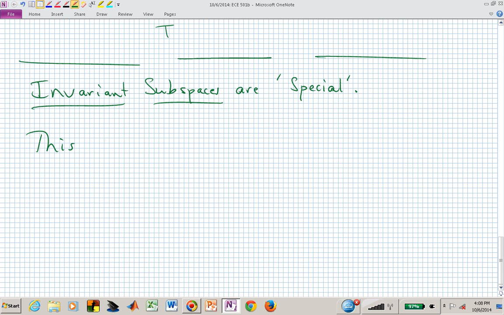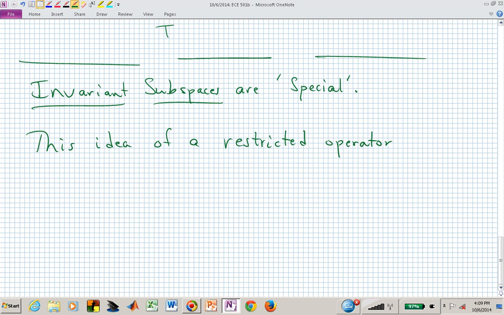And the book is now talking about the idea of actually a restricted operator.